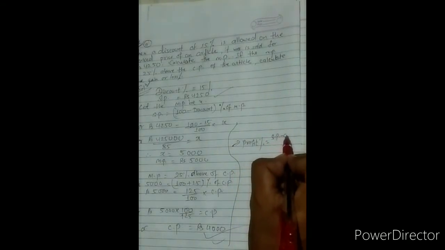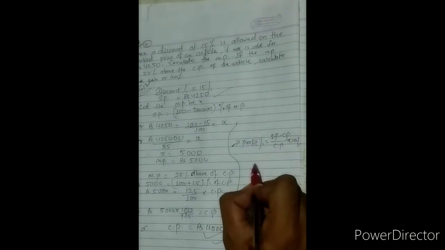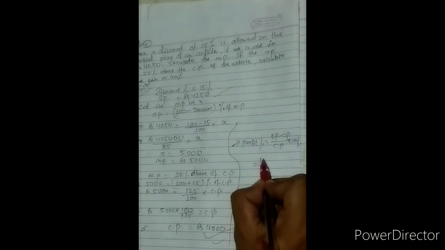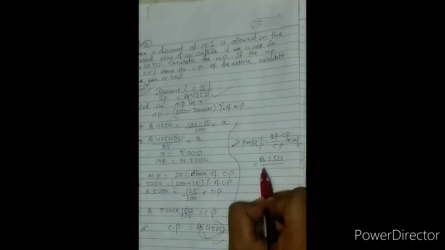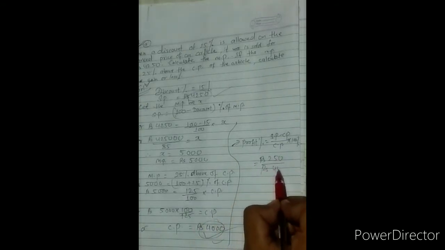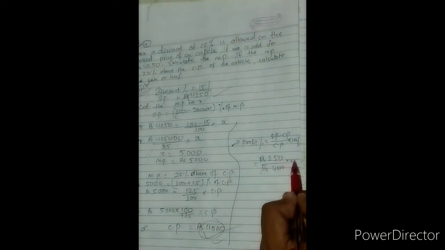It means SP minus CP by CP into 100%. SP is 4250 and CP is 4000. 4250 minus 4000 is 250, divided by CP, which is 4000, into 100%.